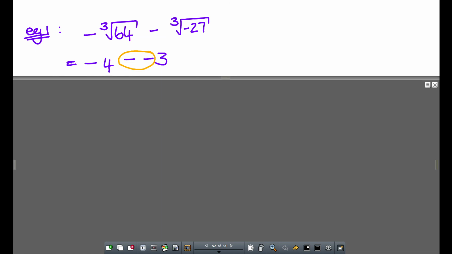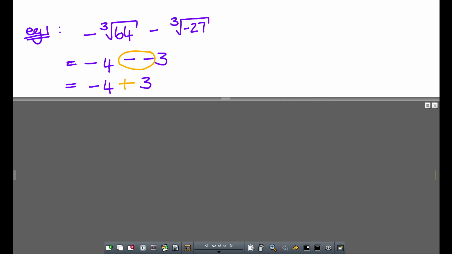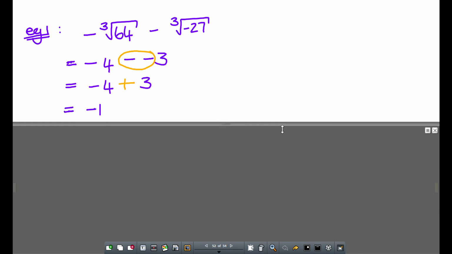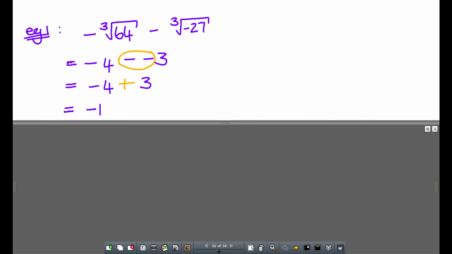Then cube root of 64 will be 4. Minus, and now I get cube root of negative 27, and that's going to give me minus 3. But those two negatives right next to each other become a plus. So I'm going to have minus 4 plus 3, and that means my final answer will be minus 1.